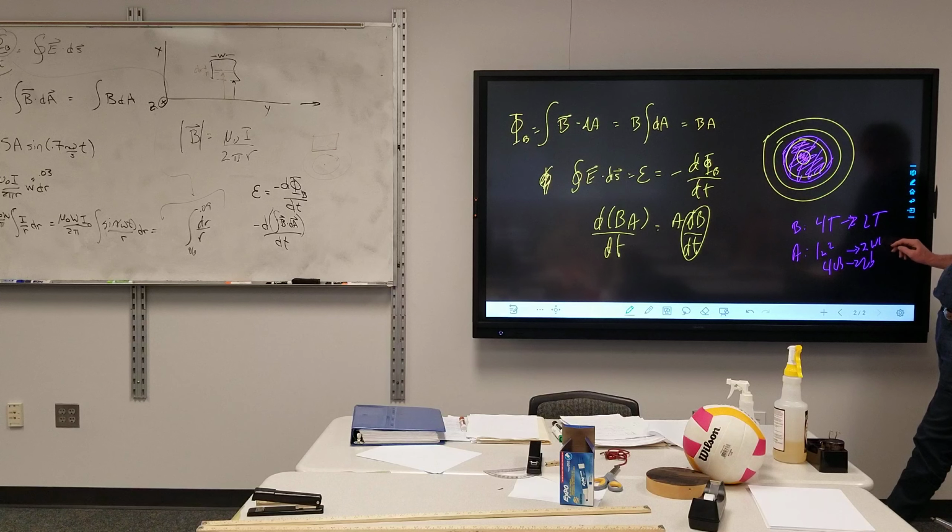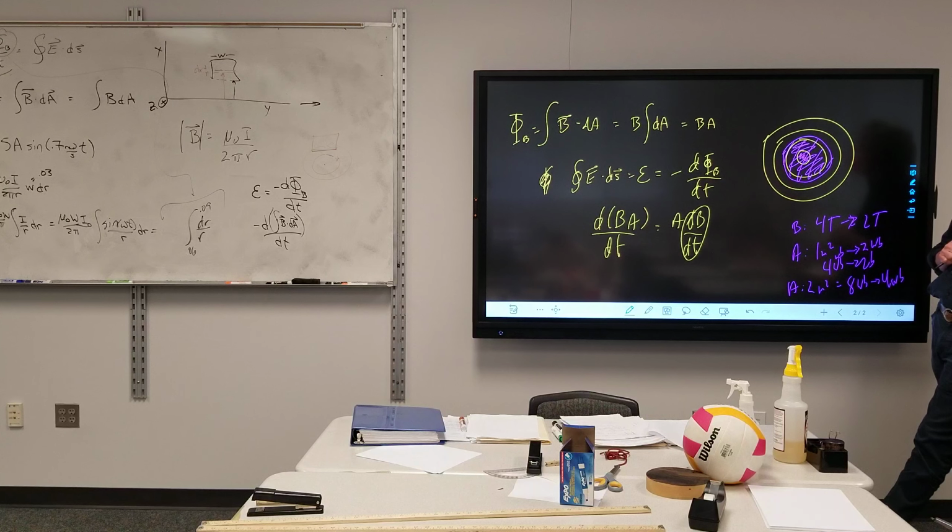If the area is 2 square meters with this magnetic field going through it, then my flux is going from 8 Webers to 4 Webers. Even though the change in the field is the same for both, the greater the area, the greater the change. This change is -2, that's a change of -4. Oh, so that makes sense.